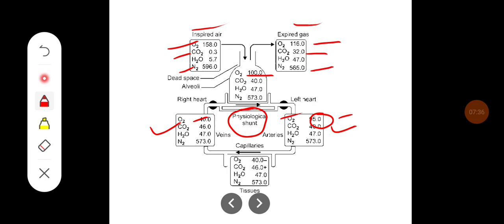And in the tissue, the partial pressure of oxygen is around 40, carbon dioxide is around 46 mm of Hg.